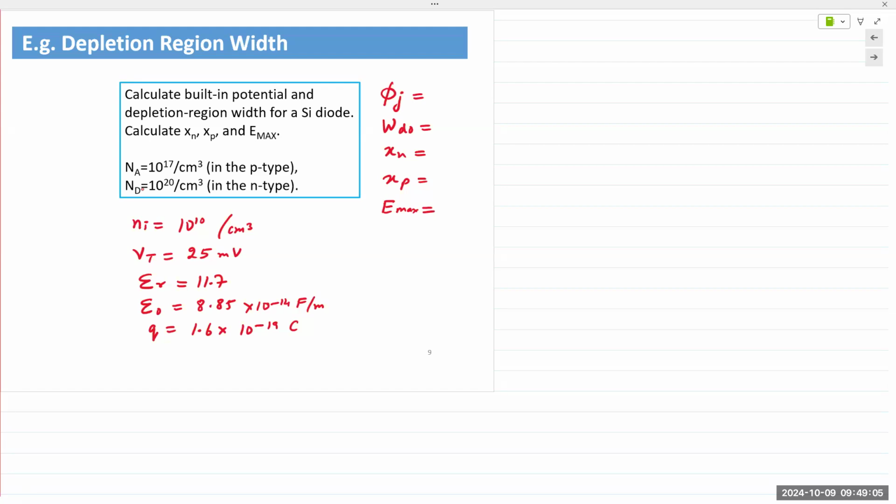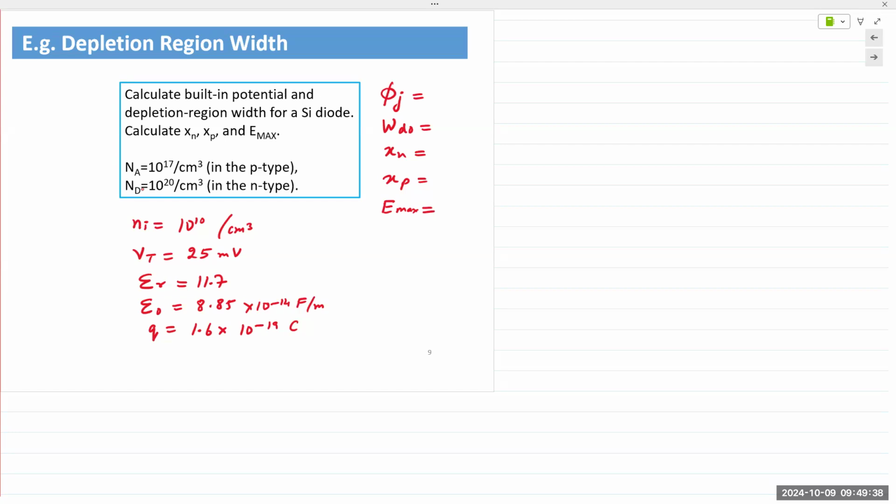Is it? I thought it was always 10 raised to minus 14. Epsilon 0. 10 raised to minus 14. Let me check. No, 10 raised to minus 14. Yep.